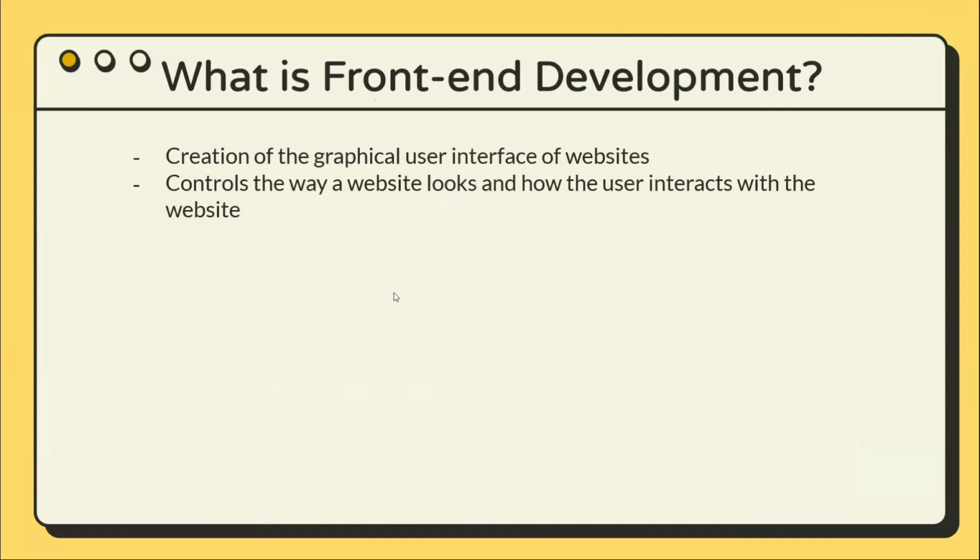And the technologies used in front-end dev control the way that the website looks and how the user interacts with it. So that includes where the content is located on the screen, if it's got styles like colors or if it's bold text.